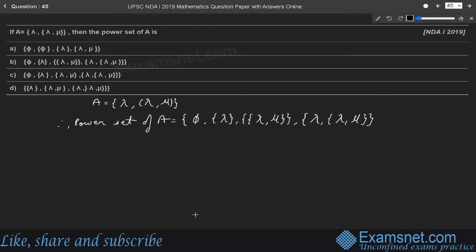So this is the power set of the given set A. So the correct option for this question is option number B. I hope it is clear to you. Very simple questions.